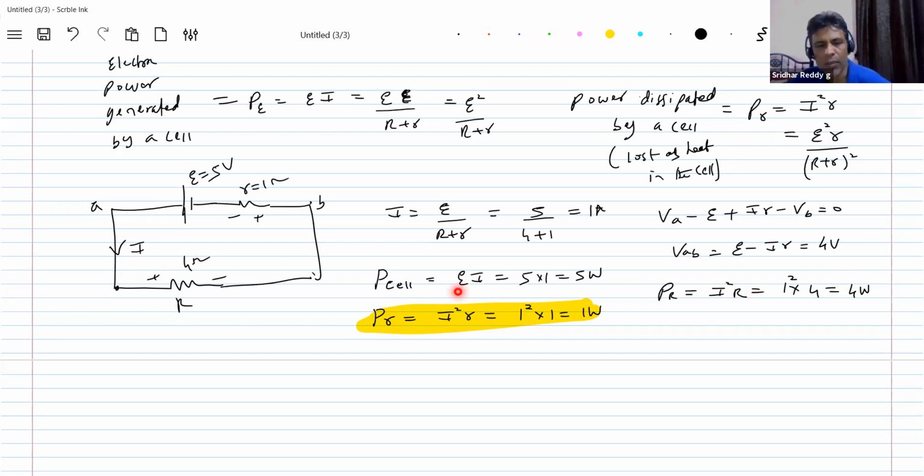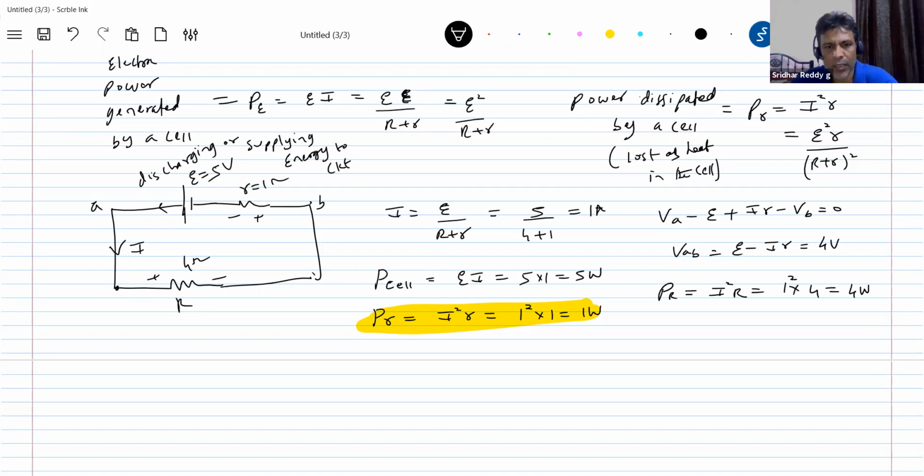Now, if a current I leaves a cell, then we say it is discharging. Discharging you have to call it, because it is supplying energy to the circuit.